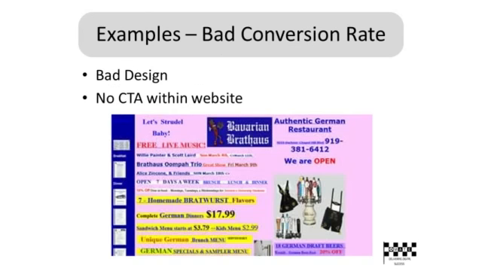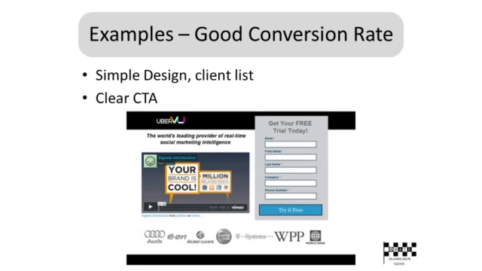So here is a quick example of a website with bad conversion and one with good conversion. That's a website with pretty average design and no great call to action, so you can't expect the conversion rate to be very high. Whereas this website has a very clear call to action, which is 'get your free trial today.'